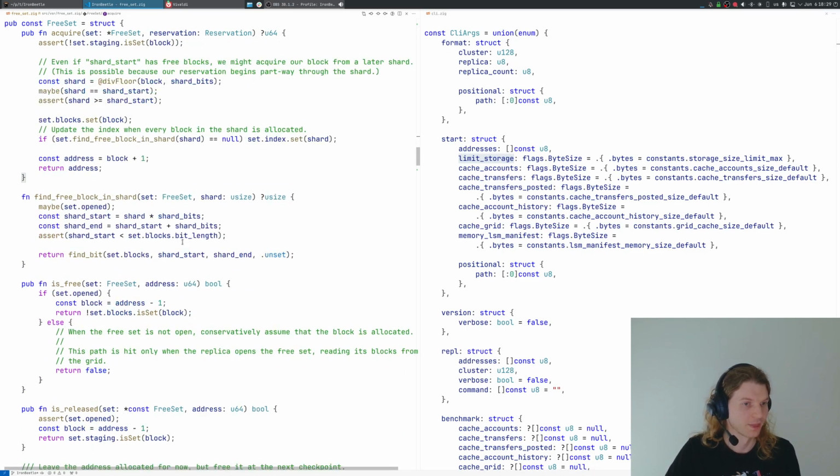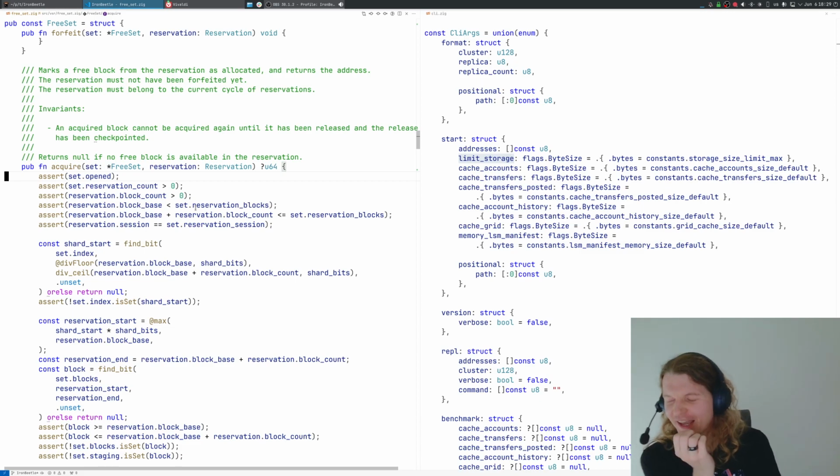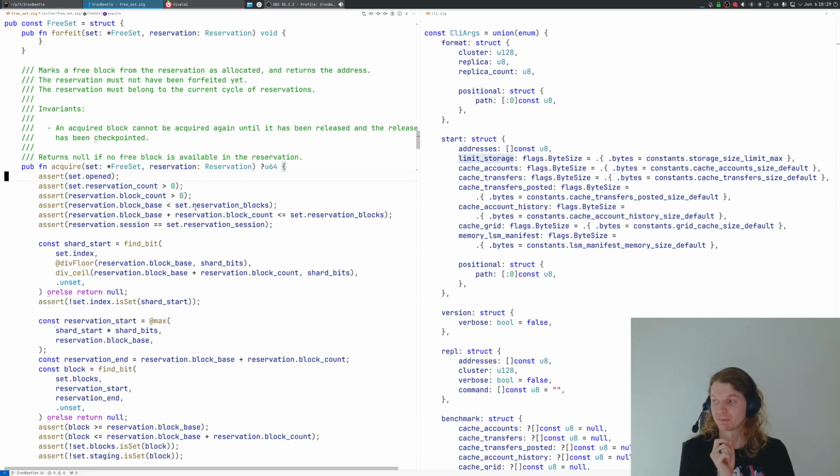Okay, so acquisition. Acquisition is tricky. Conceptually it is very simple, but in implementation it's tricky. Conceptually, what we want is to just find the lowest bit which is free and allocate that block to reduce fragmentation.